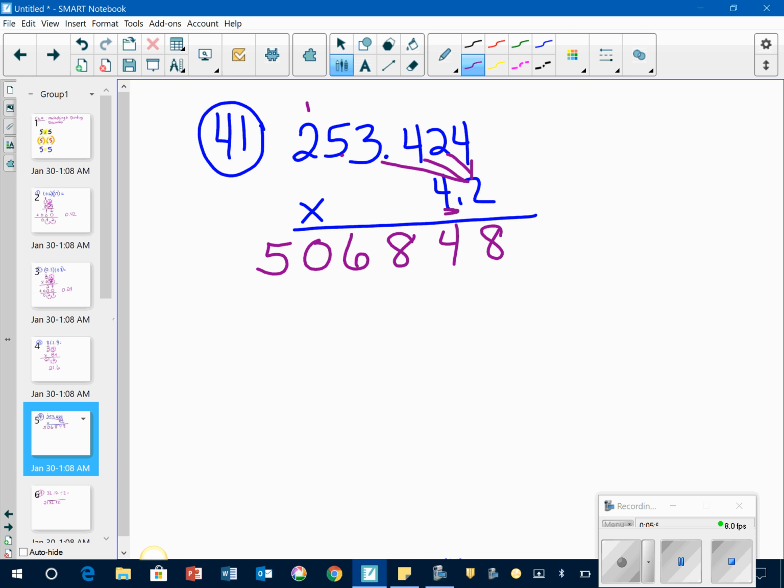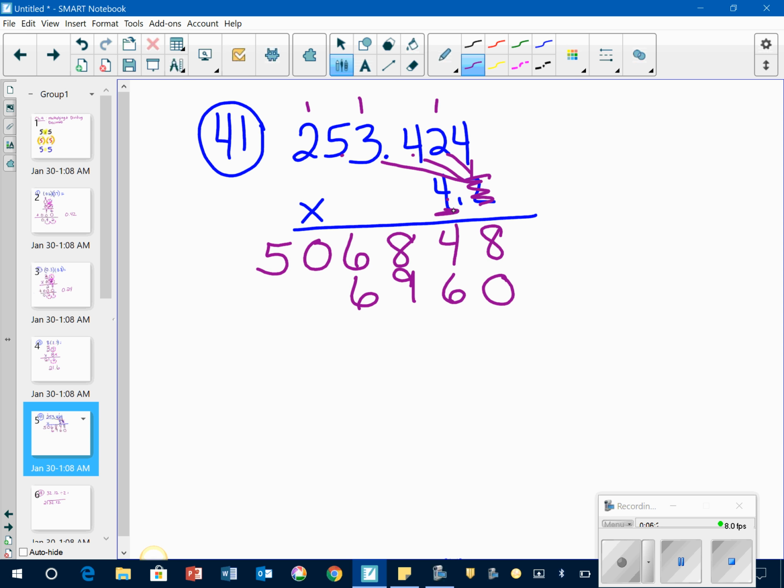Okay, now we're going to do the second number. So we're going to add a 0 here. 4 times 4 is 16. We're going to add a 1. 4 times 2 is 8, plus 2, plus 1 is 9. 4 times 4 is 16.